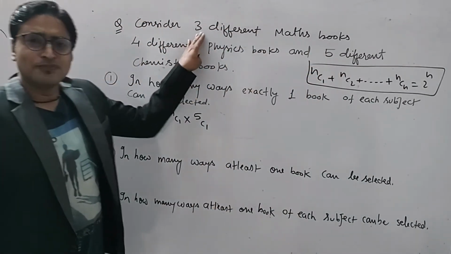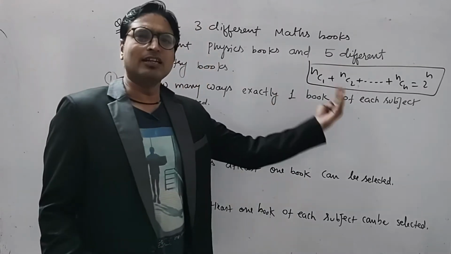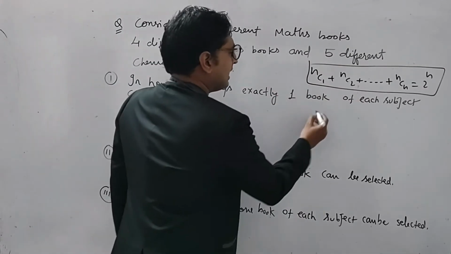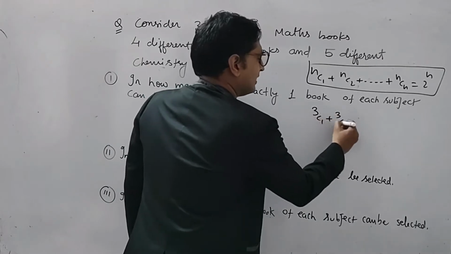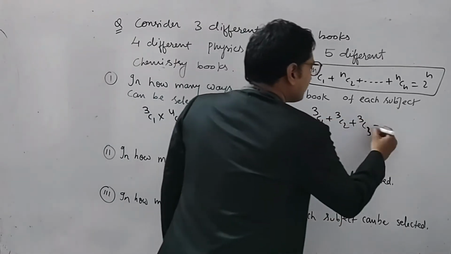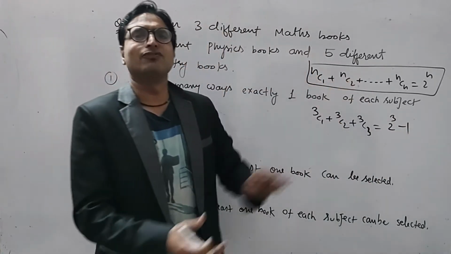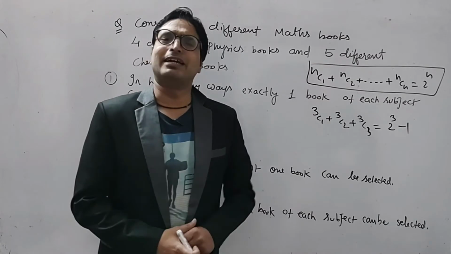So out of 3 different books, if you have to select at least one book, then the total number of ways will be 3C1 plus 3C2 plus 3C3, and we can write 2 to the power 3 minus 1. We can use this formula that we have discussed in the binomial theorem.